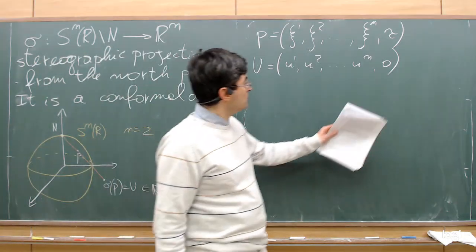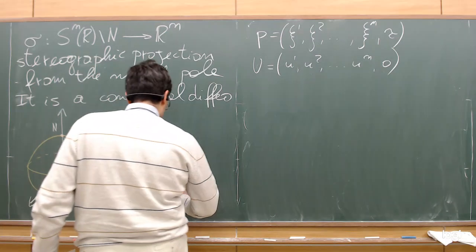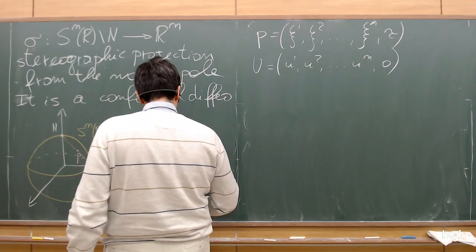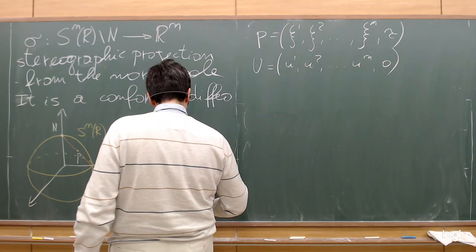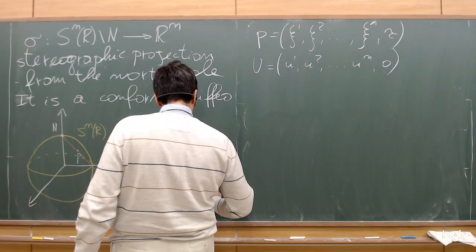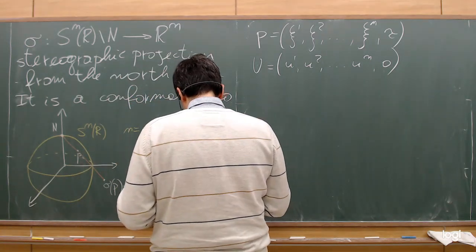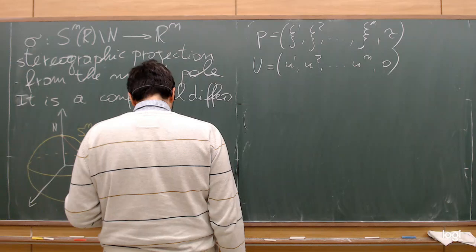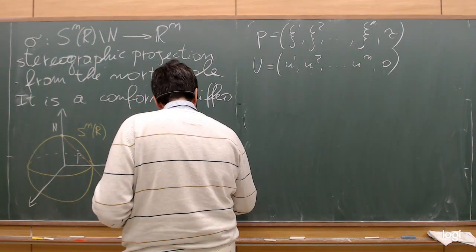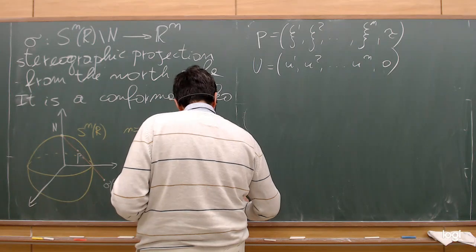And there is a 0 here because this is the set of points of coordinates c1, c2. Let's use the letter tau such that tau is 0.